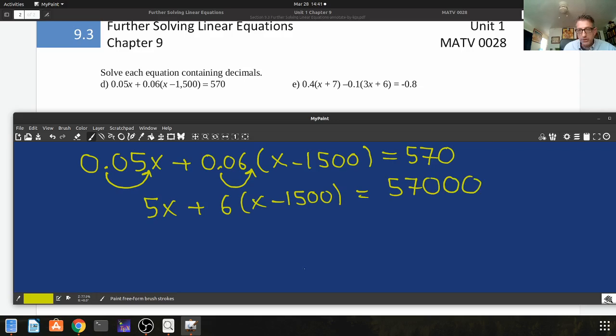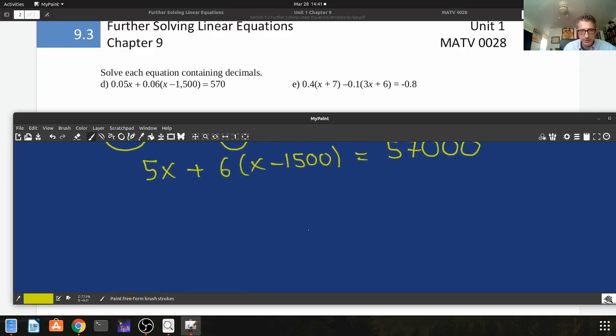Now all I have to do is give myself some more room. I have to use distribution right here. 6 times x and 6 times minus 1,500. So this is going to give me 5x plus 6x. And 6 times minus 1,500 is, goodness, I best not do this in my head.